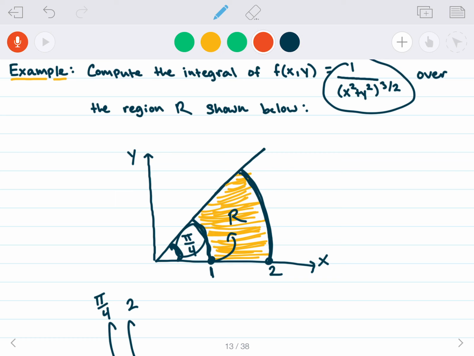Okay, so what I'm going to do is use the fact that x squared plus y squared equals r squared and make that substitution. So this becomes 1 over r squared to the 3 halves. And r squared to the 3 halves, that just becomes r cubed. So this is 1 over r cubed, which is r to the negative 3.